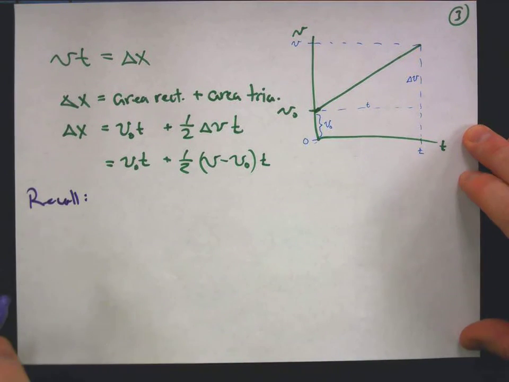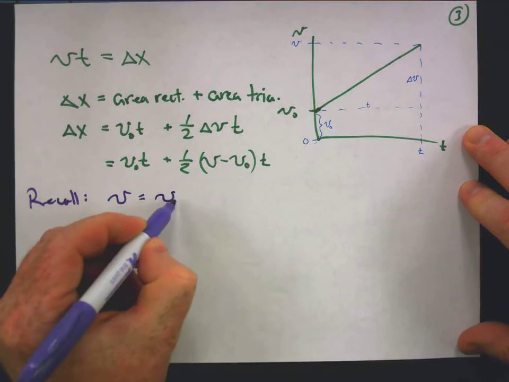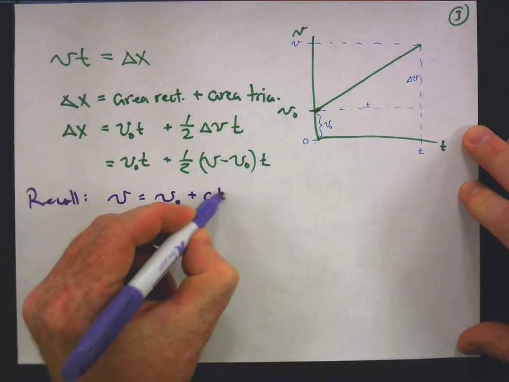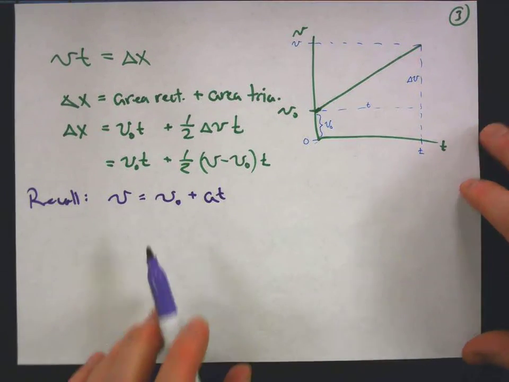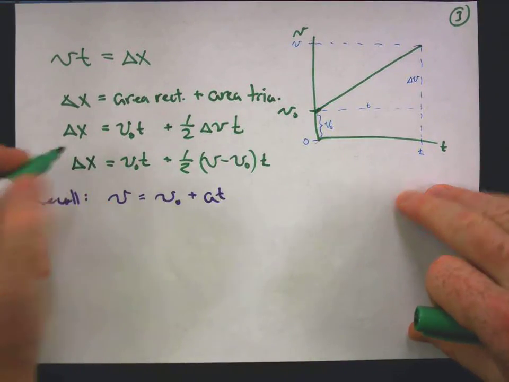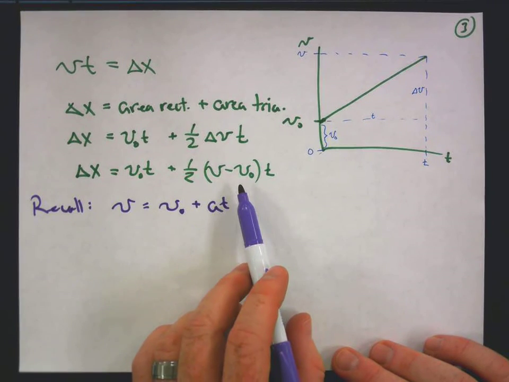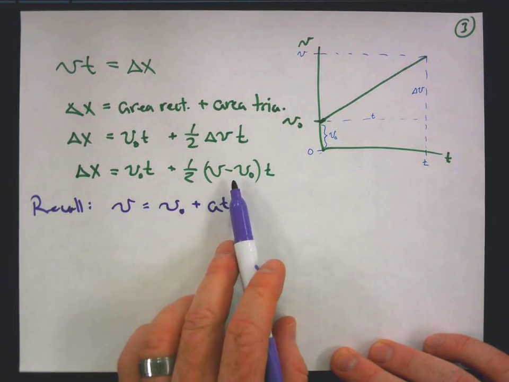I want you to recall something. We have another equation we've already seen, that a velocity is equal to an initial velocity plus an acceleration times the time. The reason we want to do this is that we have an equation here for the displacement, but we can go further and get an equation using acceleration instead of average velocity or delta v.